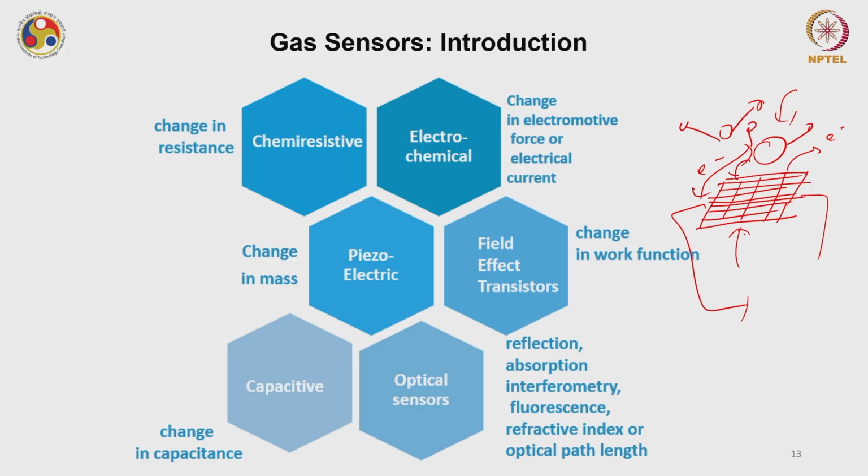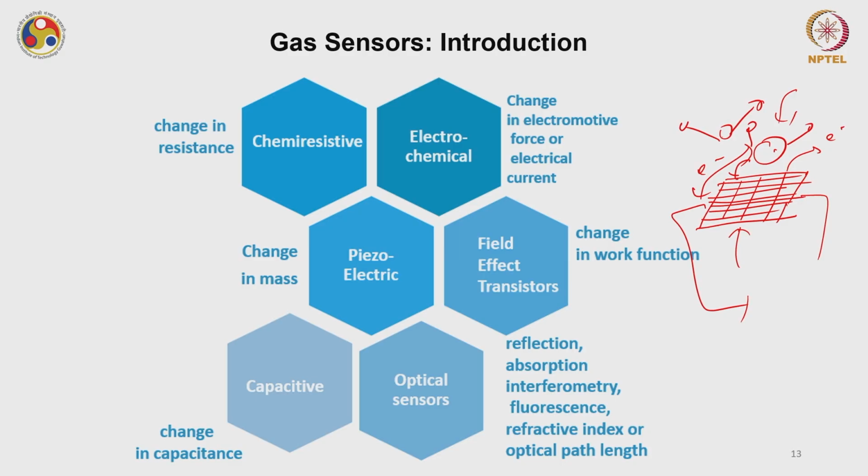I can also have capacitive devices where change in capacitance is happening because of the interaction of the gas molecule with the sensing film. The sensing film can be in the form of a dielectric material. Then I can have specialized devices like field effect transistors, where you can find a change in the work function or change in the channel current because of this kind of interaction, be it at drain or be it at some other place.